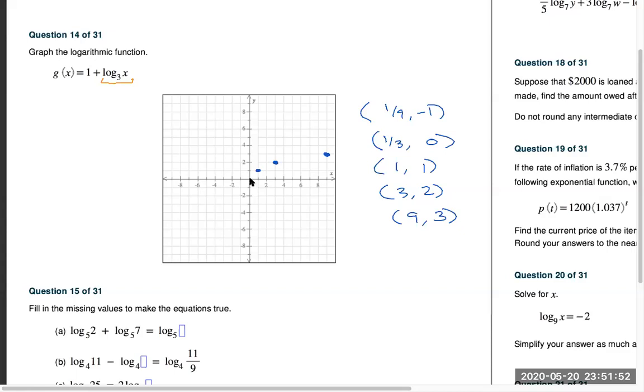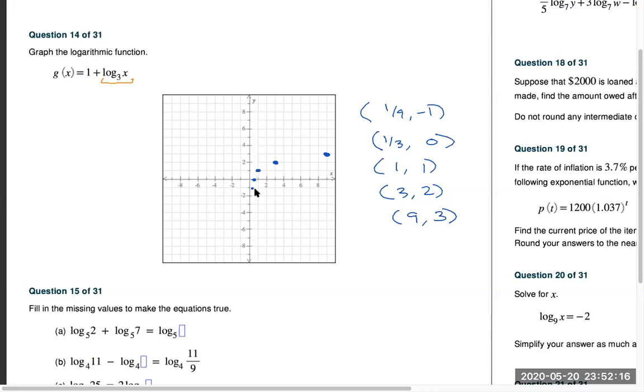We have (1/3, 0), a third of the way. And then we have 1/9, which is smaller than that, -1. So it looks like this.